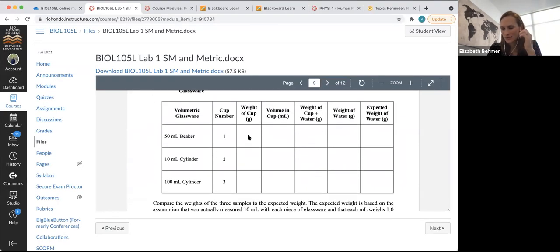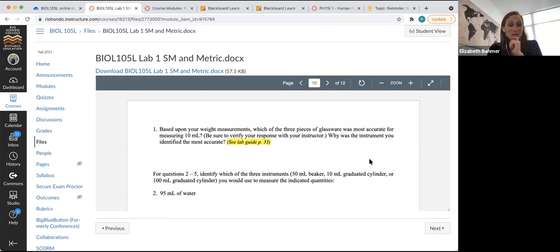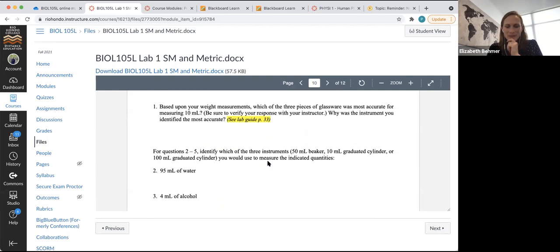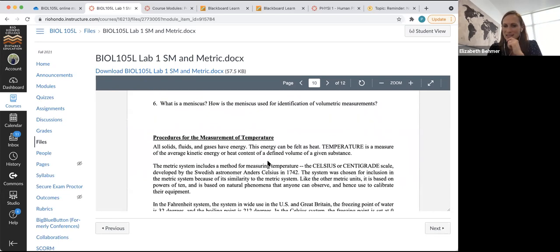You'll write down the weight of the cup, the volume in the cup, which will always, I think, be 10 milliliters. And then you'll have the weight of the cup plus water, then the weight of the water and the expected water. So pretty soon I'm going to let you guys work on some of this on your own. I think you'll continue to use the lab guide to take you through that.